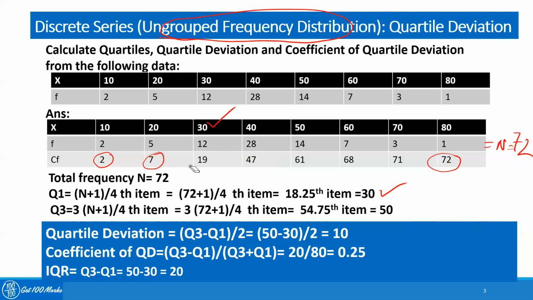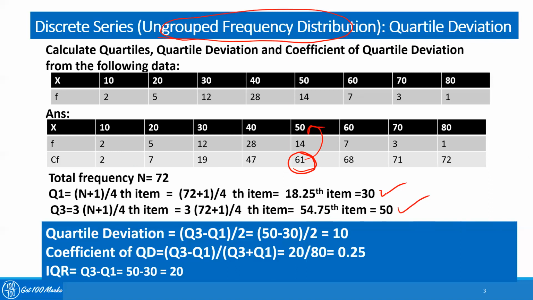Again, following the same method, you can just have a look here in the cumulative frequency. I'll see which value is either equal to or greater than 54.75. So if I follow here, you can see the value is actually 61. So the corresponding value of X is 50. Therefore, quartile 3 will be 50.